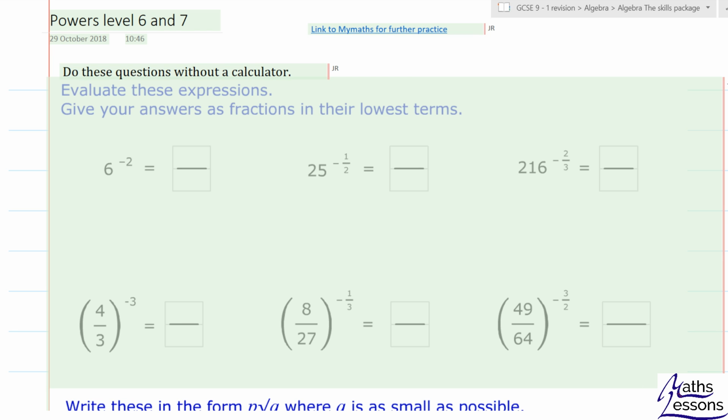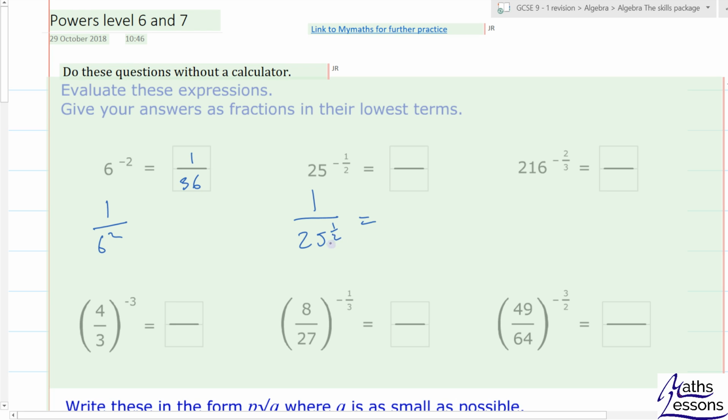Okay, let's have a look. So remembering negative indices means 1 over it. So we have 1 over 6 squared. 6 squared is 36, so we get 1 over 36. 25 to the minus a half. Remember that the minus means 1 over, so we get 1 over 25 to the half.